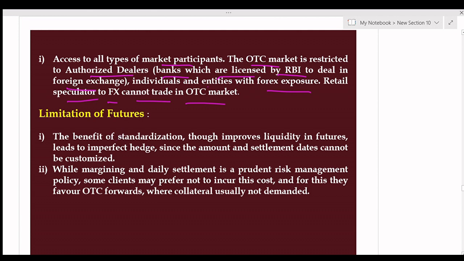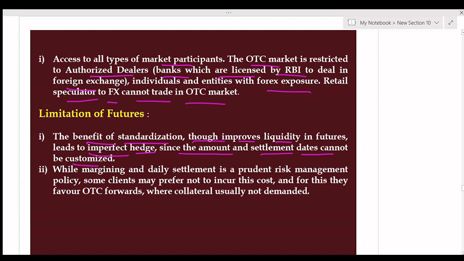Limitation of futures. The benefit of standardization, though it improves liquidity in futures, leads to an imperfect hedge since the amount and settlement dates cannot be customized. This standardization drawback I have already discussed earlier: only an integer number of lots is allowed to gain or lose on the future contract, not the total quantity, while for forward contracts there are no restrictions.